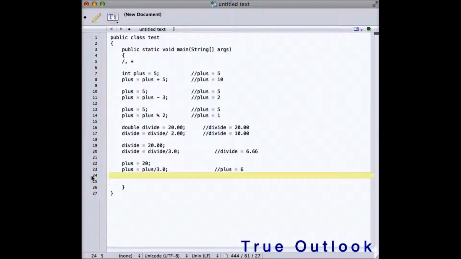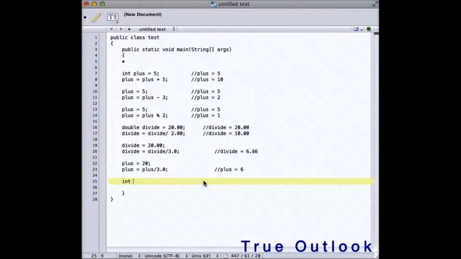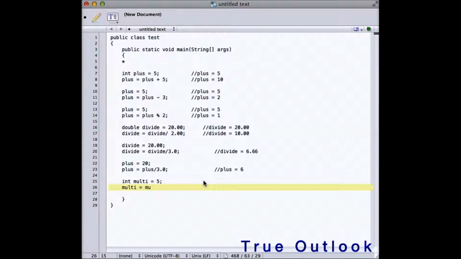Alright, and finally the multiplication sign. This one's pretty basic anyway, so int multi is equal to 5, multi is equal to multi times 5.